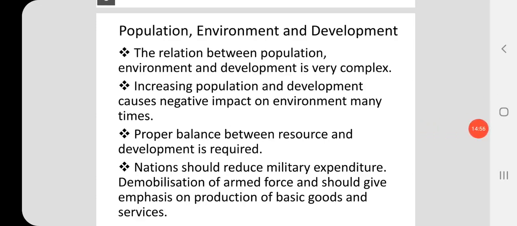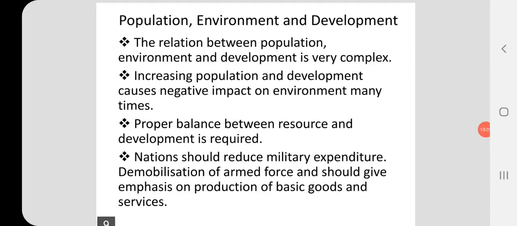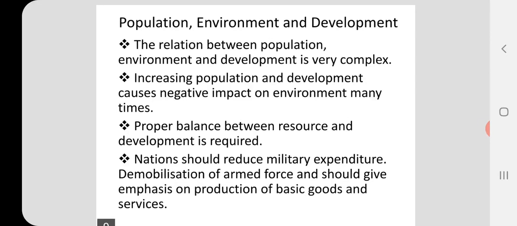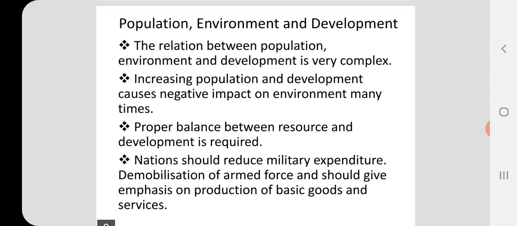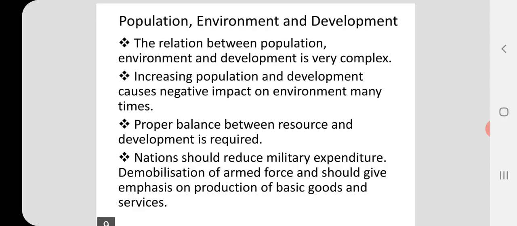Next, population, environment and development. Here we learn about the relationship between population, environment and development. The relation between population, environment and development is very complex.